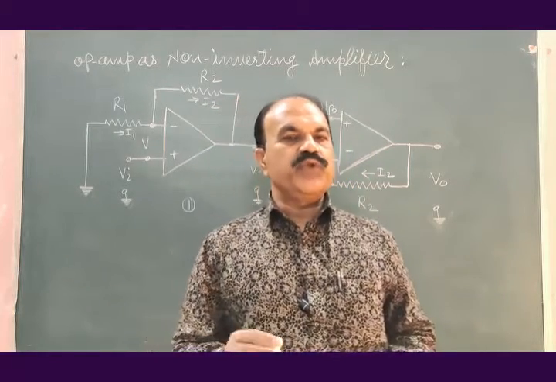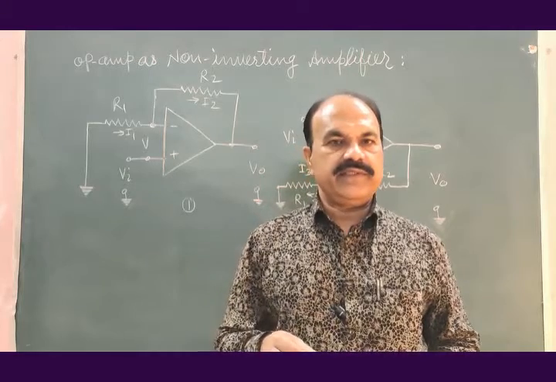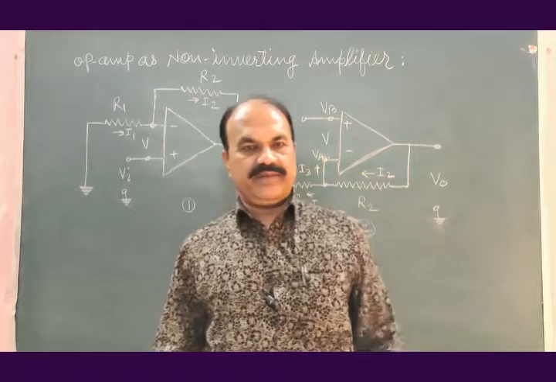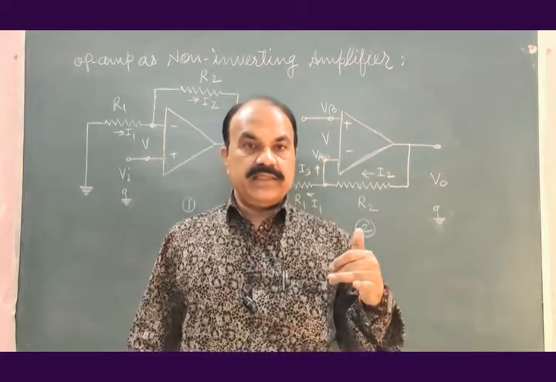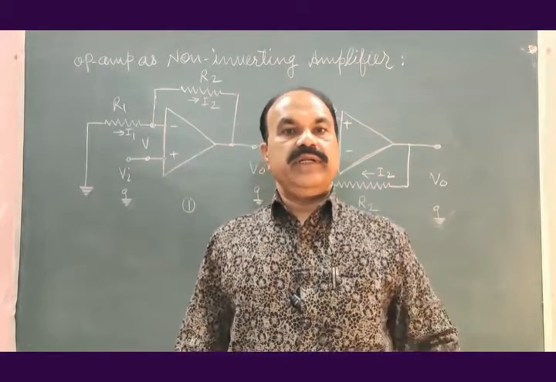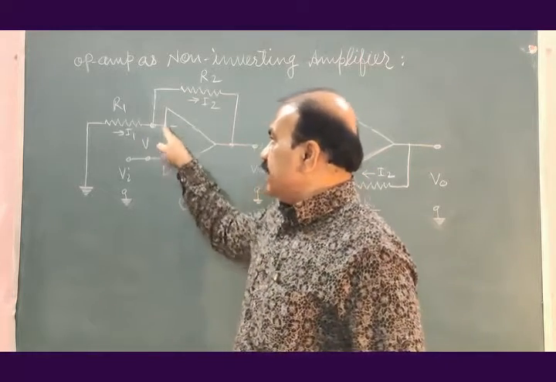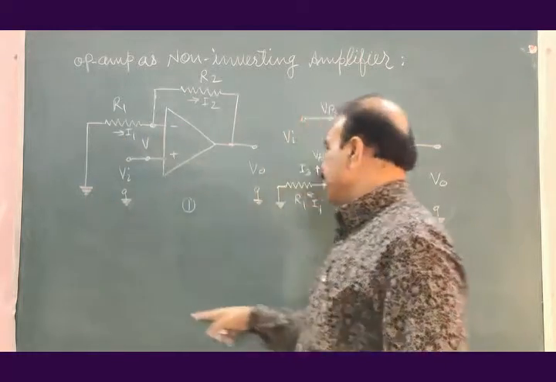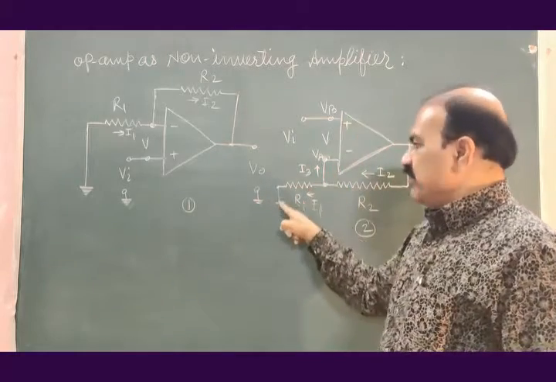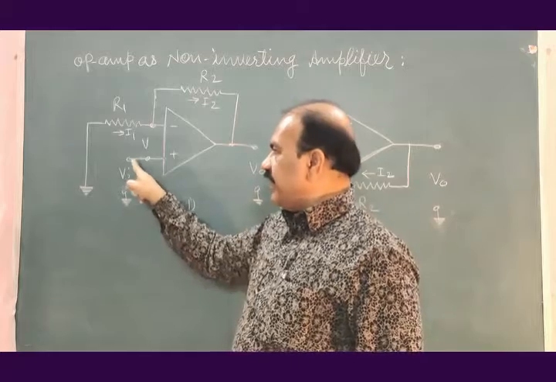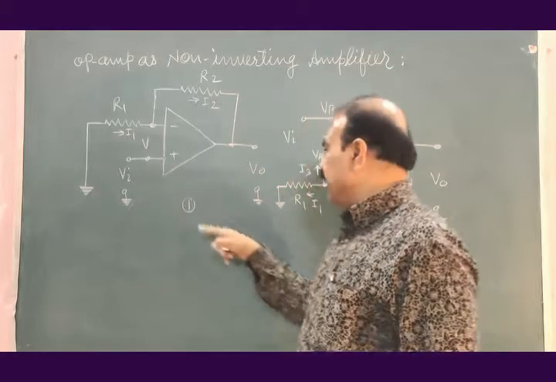The input voltage to be amplified is given to the non-inverting input terminal and the inverting input terminal is grounded. Input Vi to be amplified is given to non-inverting.